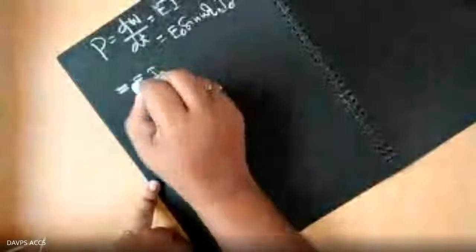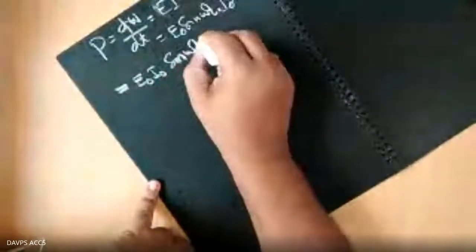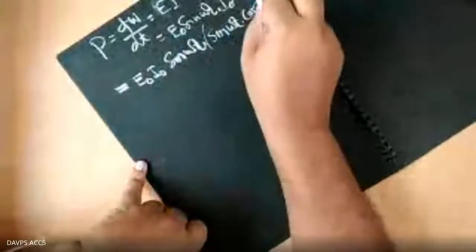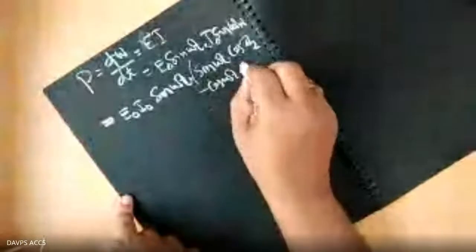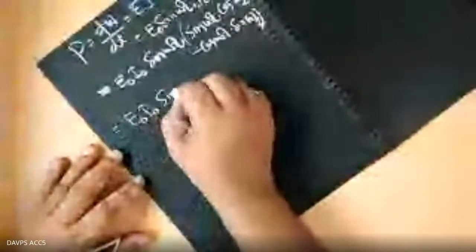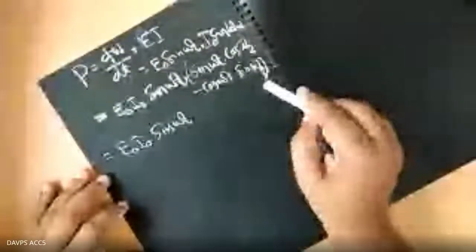This is equal to E naught I naught sin omega t into sin(omega t plus pi by 2), which is sin omega t cos pi by 2 plus cos omega t sin pi by 2. Just solve it. Here cos pi by 2 is 0, so that part is 0, and this is a plus, not minus.